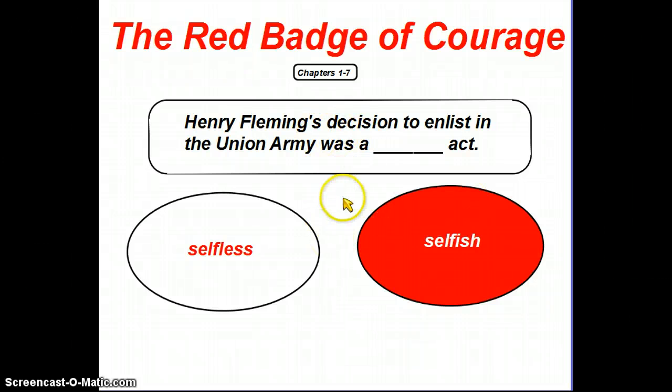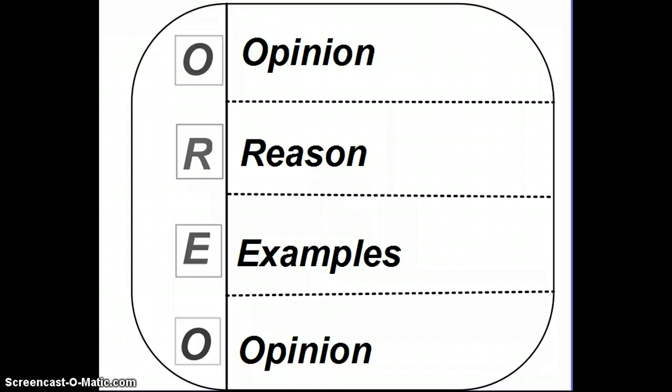If I were to choose either one of these, I would completely cover over the opposite. So when we're writing a piece of persuasive writing, we are really making a clear statement for one case over another. There are certain ways that we can do it. So first, I want you to get out your flippable. It's a 4-tabbed flippable, and it's titled on the side Oreo.